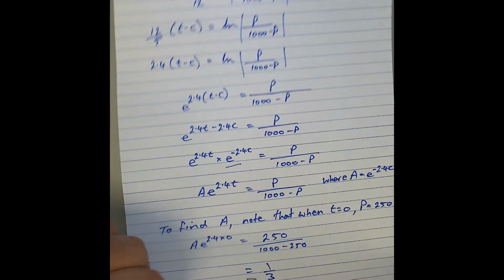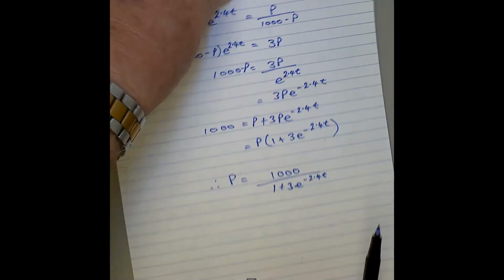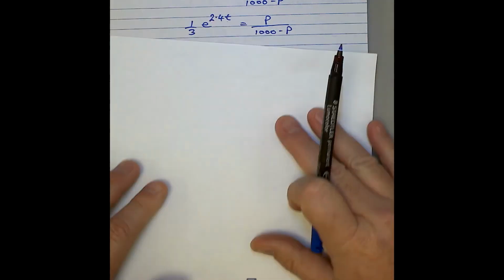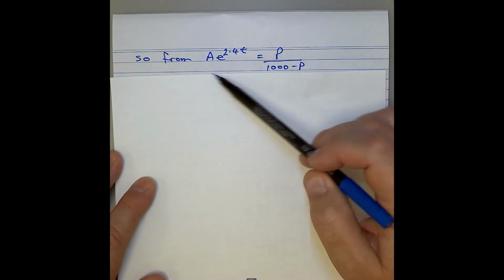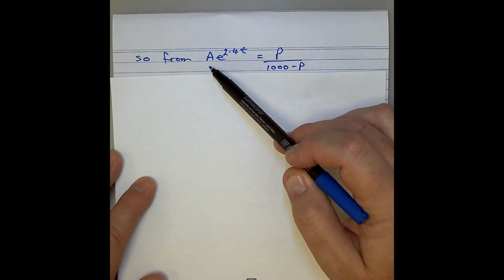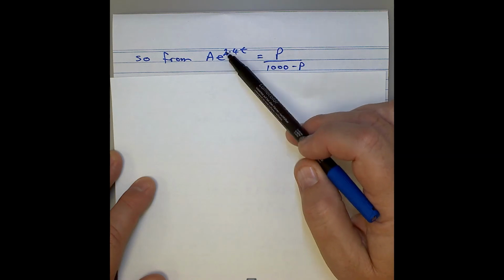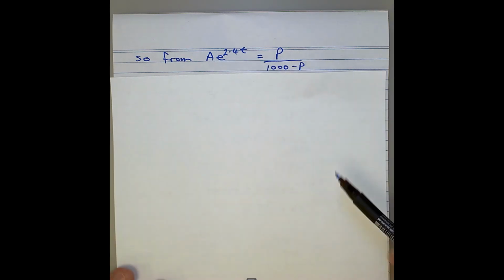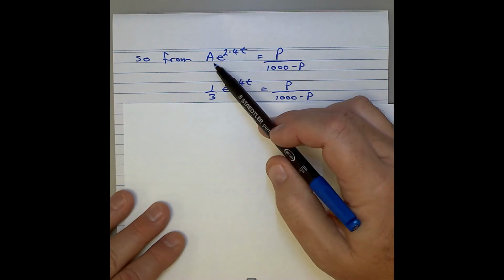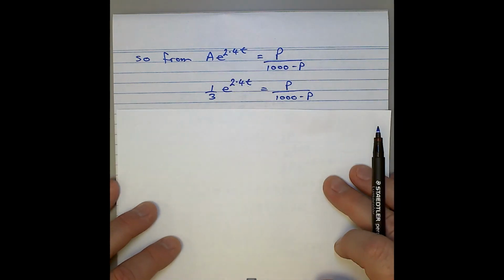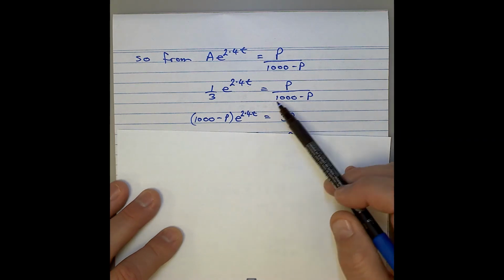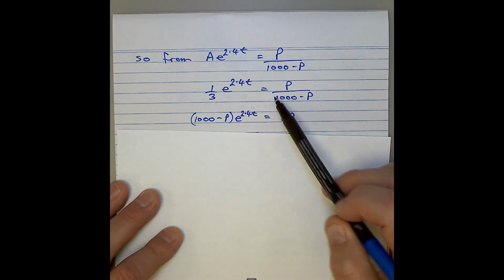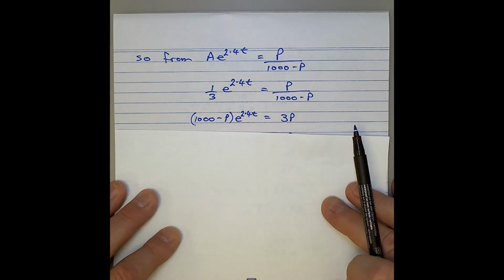From this that I worked out on the previous page, A multiplied by e to the 2.4t equals this expression. Because A is a third, I can now write it like this. If I multiply both sides by 3 and also by 1,000 minus P, I get this expression here.